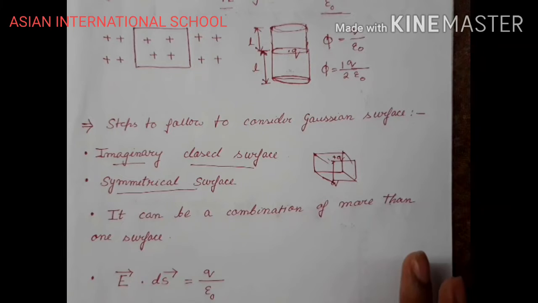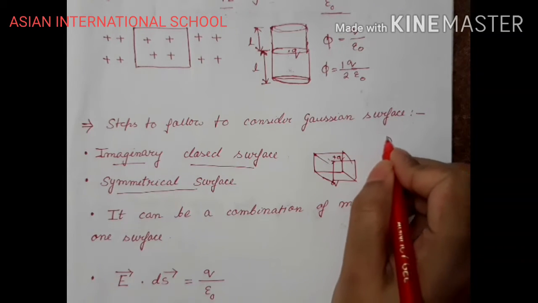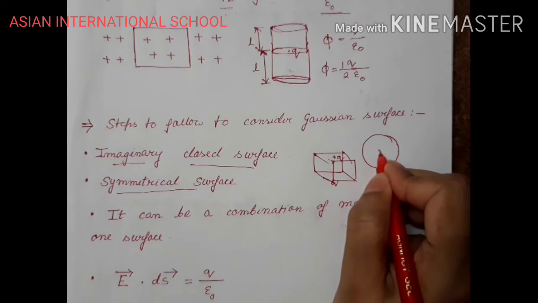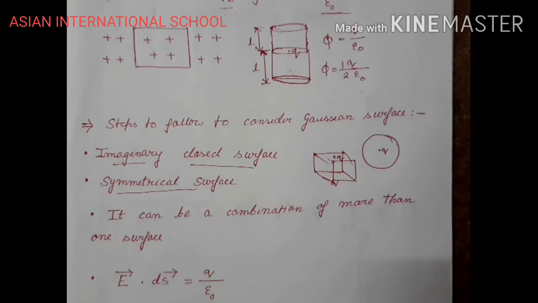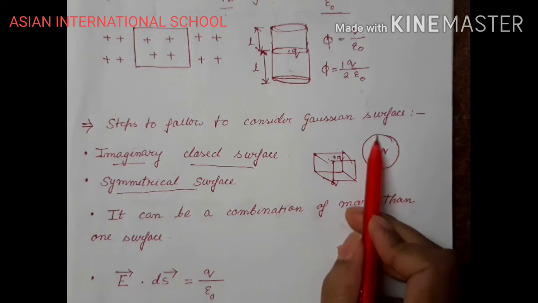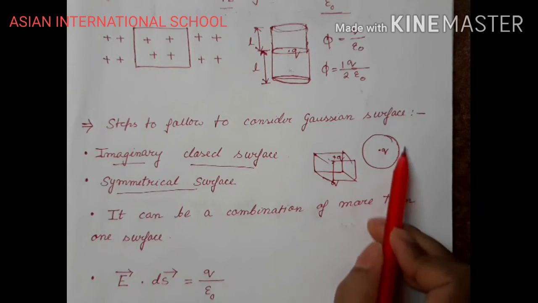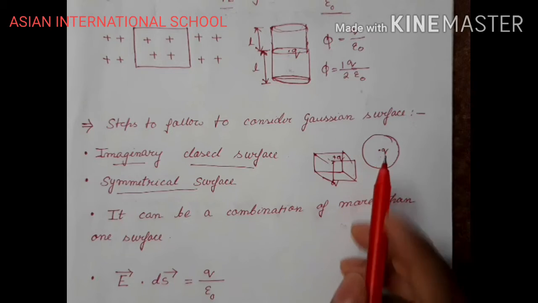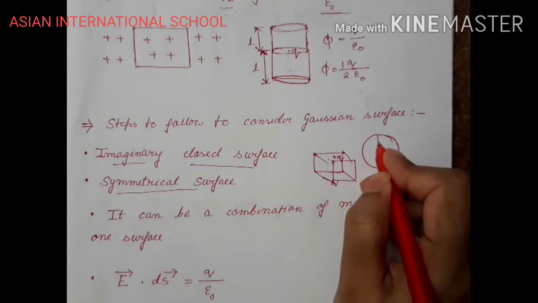There is another help in choosing a symmetrical surface. Suppose this is a sphere and an isolated charge q is enclosed within it. That means this particular sphere is a Gaussian surface and an isolated charge q is placed within this system. In that case, if you see, this will be the electric field.